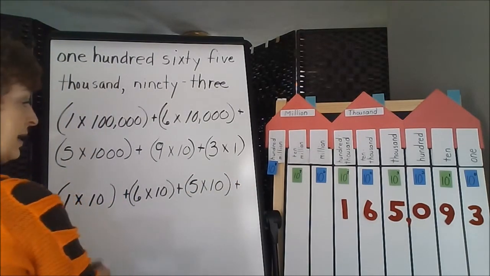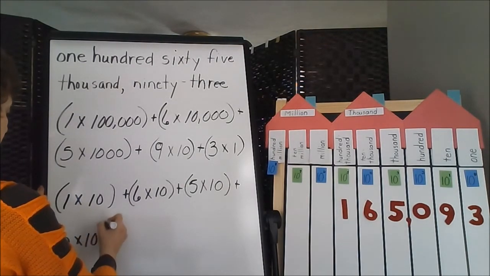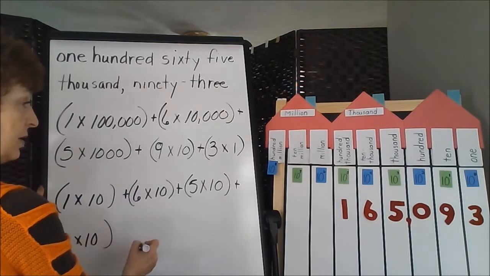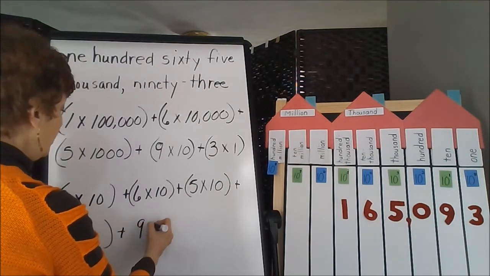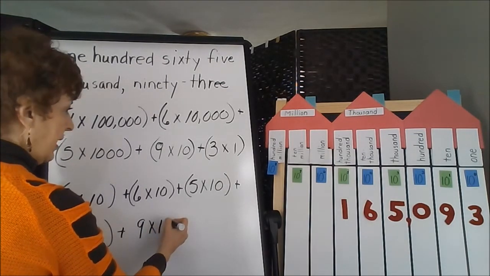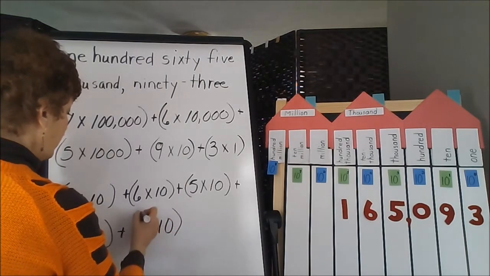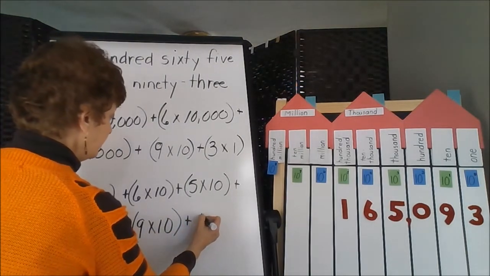The 0, we don't really have to show this, but I will do it this way this time so you can see all the place values. Sometimes scientists do put in zeros because they want to be sure that it's not misunderstood that anybody skipped a column.